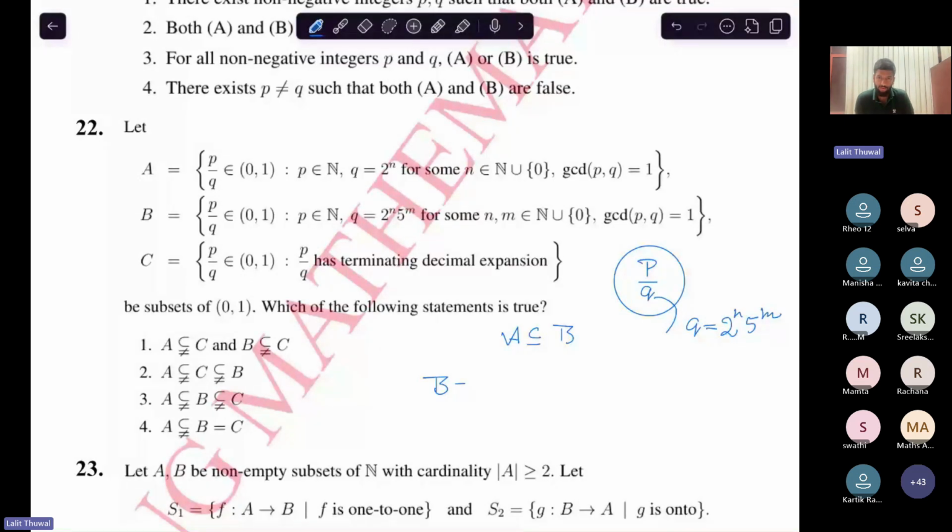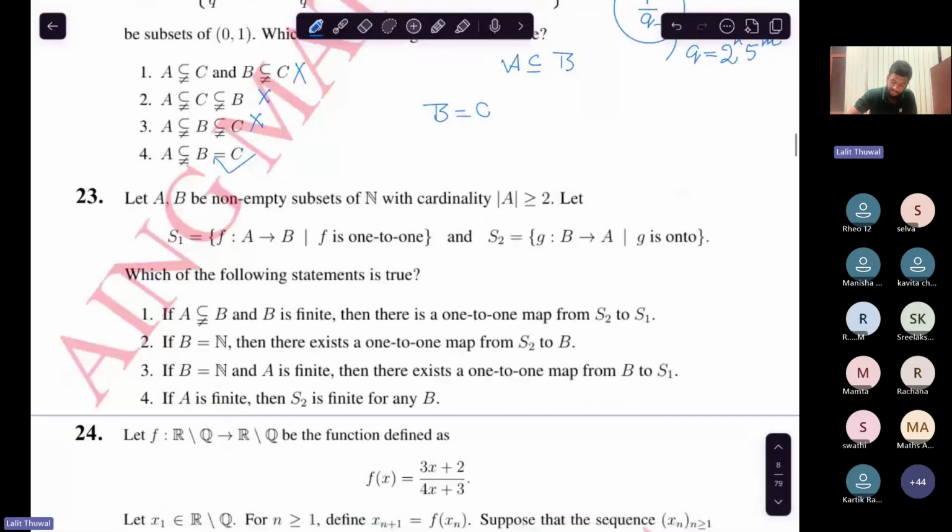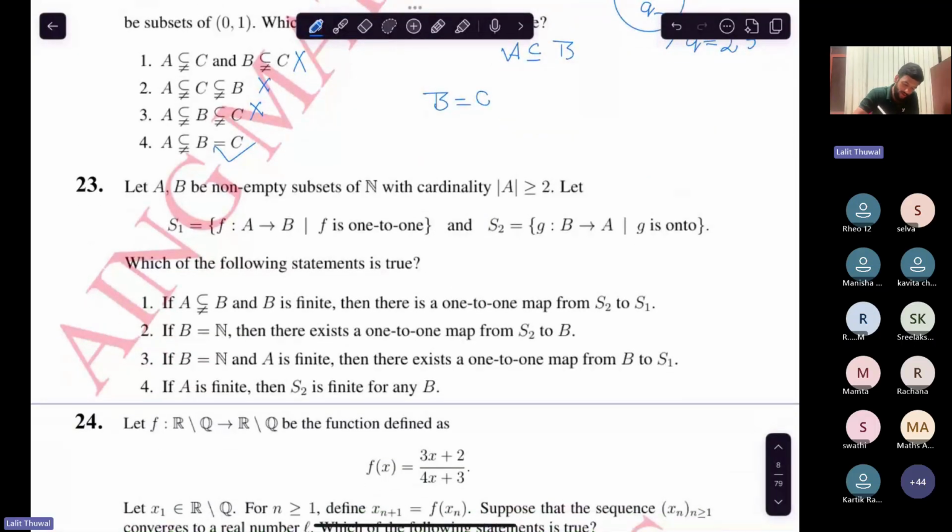Have you seen this? So B and C are equal sets. It means the fourth option is correct, and this is part B. That's why 1, 2, 3 are incorrect. Okay, now the next one.